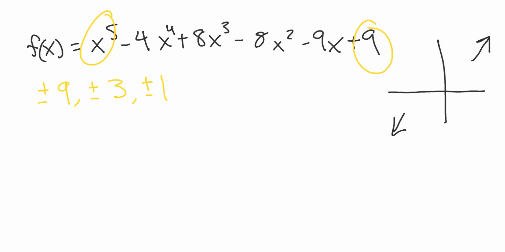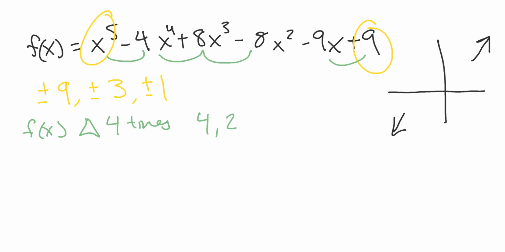All right. We can take a look at Descartes' rule of signs. And we see that our f of x is going to change sign, let's see, once, twice, 3, 4 times. So we have either 4, 2, or 0 positive reals.